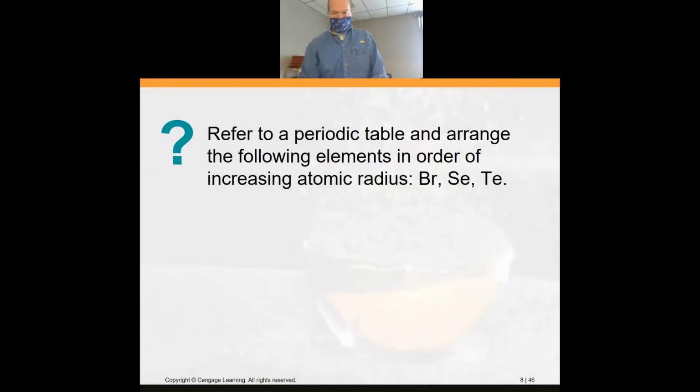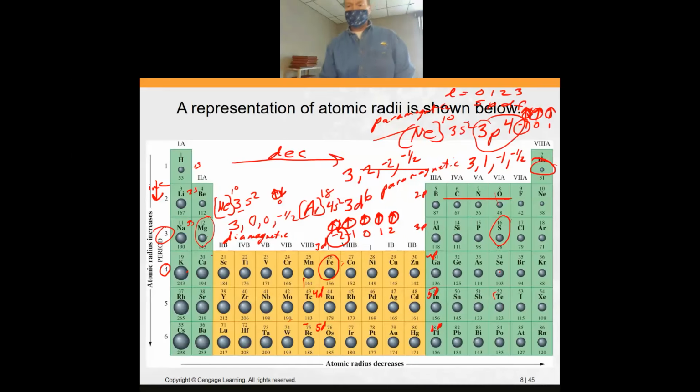All right, so when you're looking at bromine, Se and Te, and you want to put them in size order. When you go down, you are larger. Te is the largest. When you go to the right, you're the smallest.